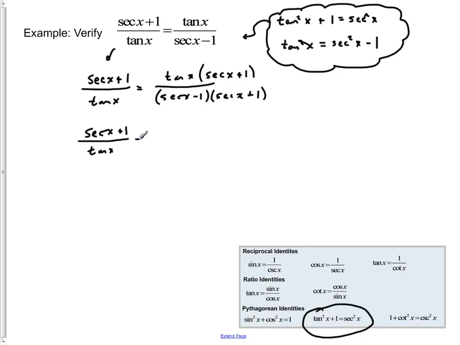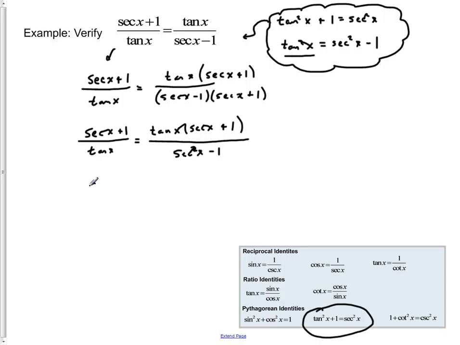I'm going to rewrite the right-hand side so that I have tangent of x times secant of x plus 1 divided by secant squared x minus 1. See, now that's sort of an interesting thing because secant squared x minus 1 is tangent squared x.